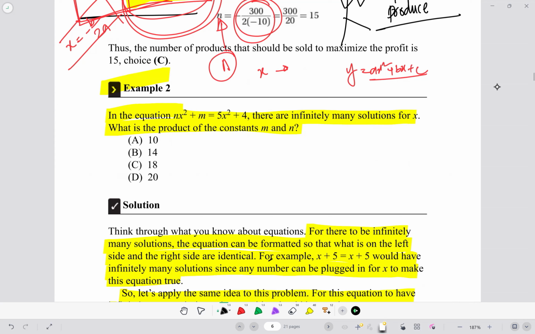What is coefficient equating? Basically, they're using the coefficient equating concept. I'm sorry for my bad handwriting.